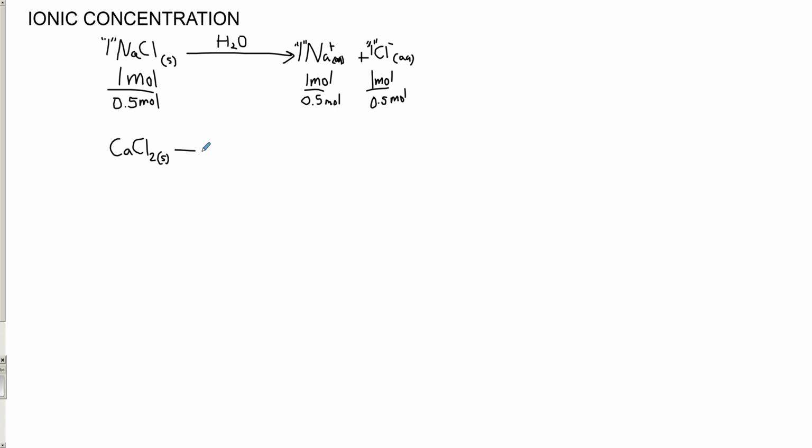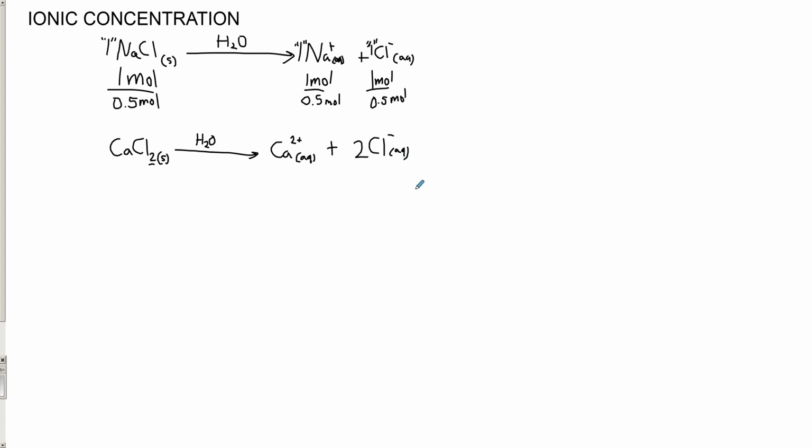If I dissolve this chemical in water, we're going to have a Ca ion, because there's only one Ca ion in this formula, and a calcium ion has a charge of +2. How many Cl minuses are we going to have, though? We're going to have 2. So we have 2 Cl- aqueous.